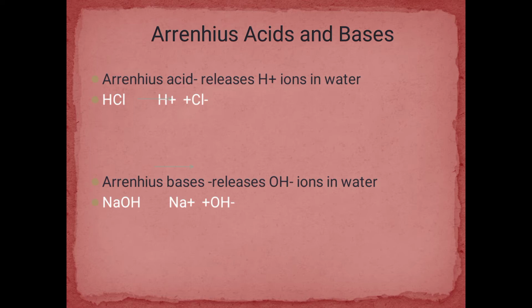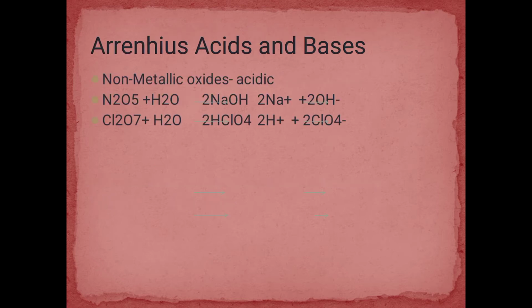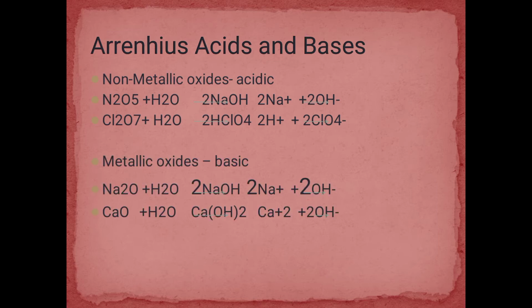So what is important to remember in this concept is the definition. Based on the definition, you can easily solve the MCQs. Next we have other examples, like the non-metallic oxides are acidic in nature, whereas the metallic oxides are basic. Now for this, what you have to remember is the periodic table.